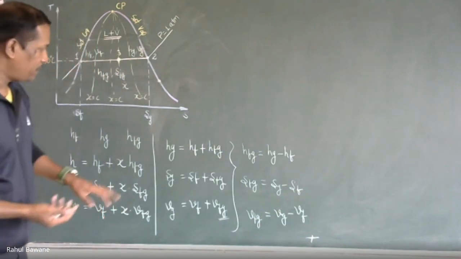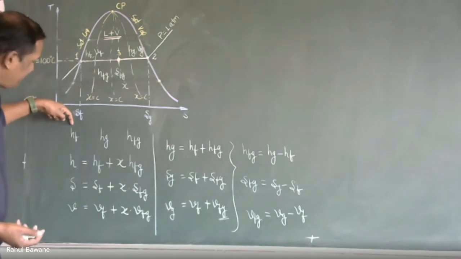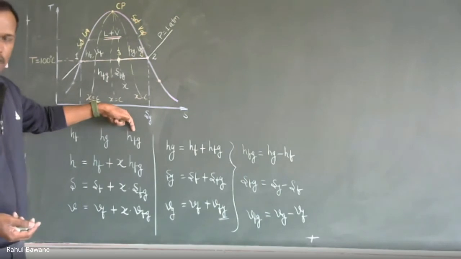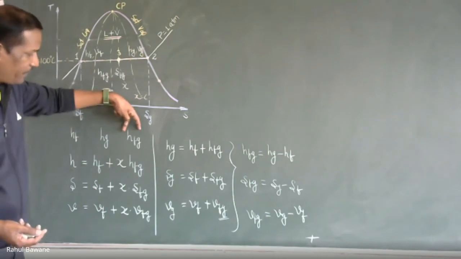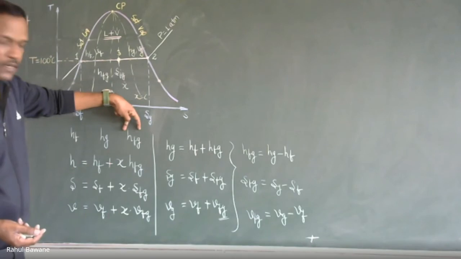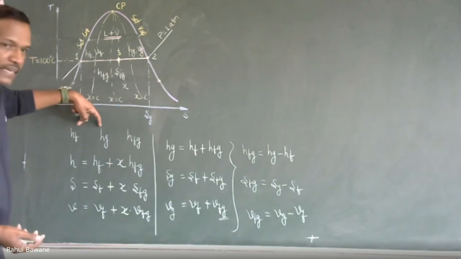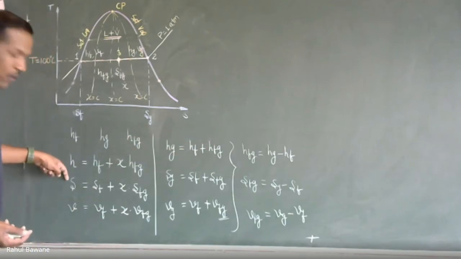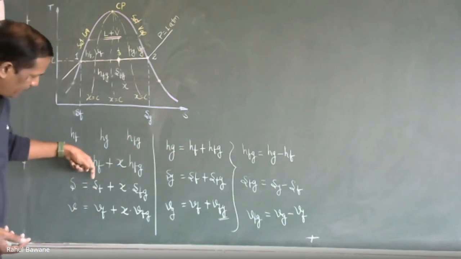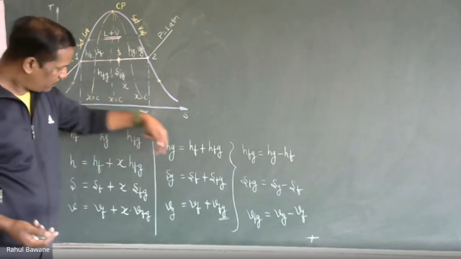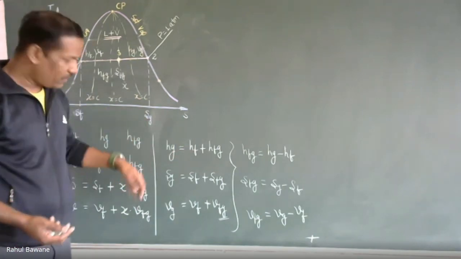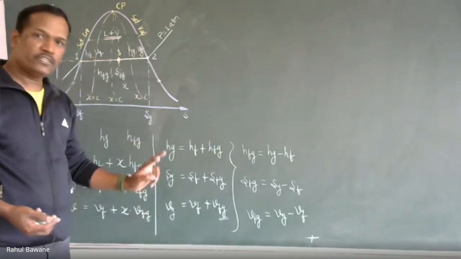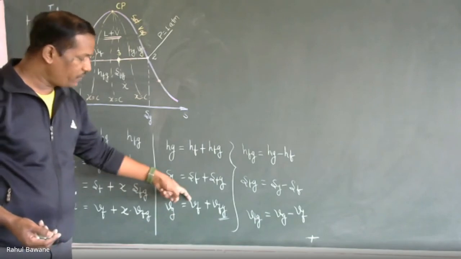So in the steam table, the columns are there for Hf, Hg, Hfg, so there is no issue. Either you can take the value for Hfg, otherwise you can take Hg minus Hf, so we get the Hfg. Similarly, for entropy there is a column of Sf, Sg as well as Sfg. But for specific volume there are only two columns, Vg and Vf.